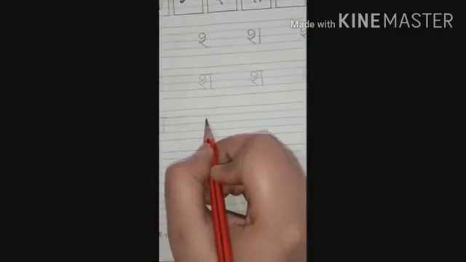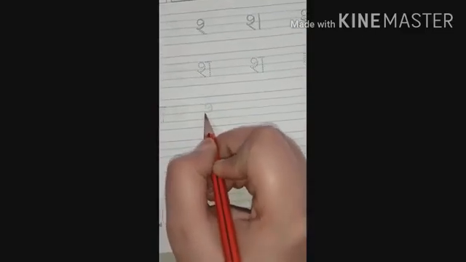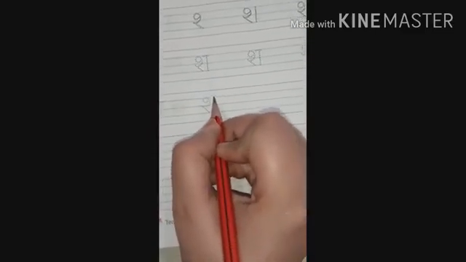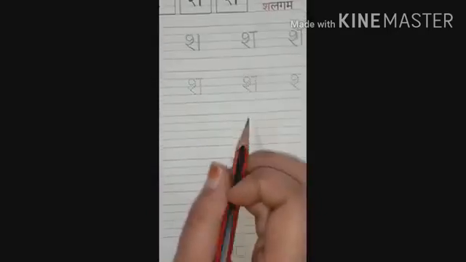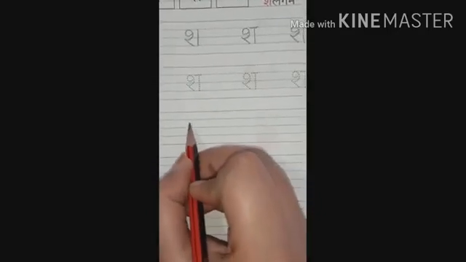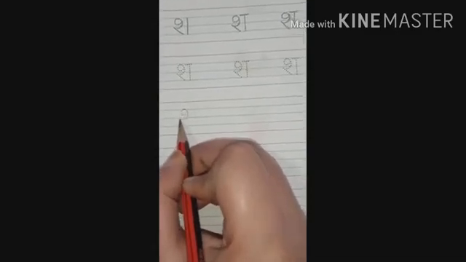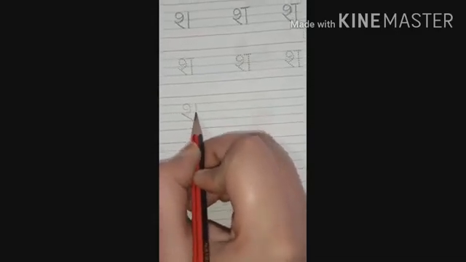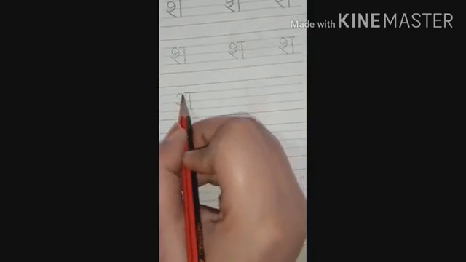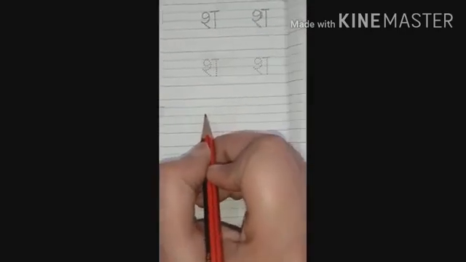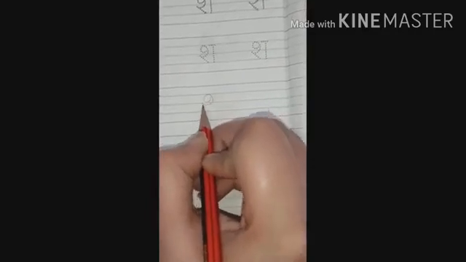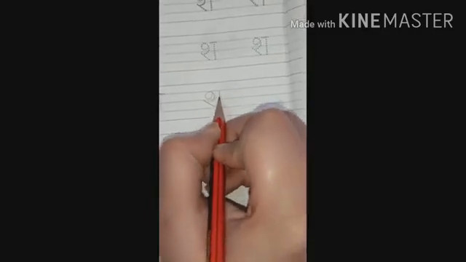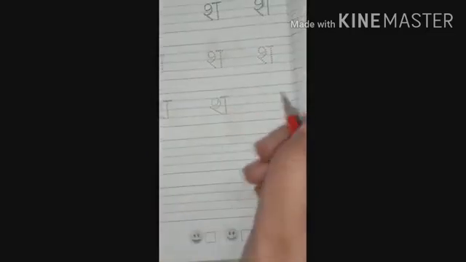First one circle, curve, slanting line, standing line, and one sleeping line.